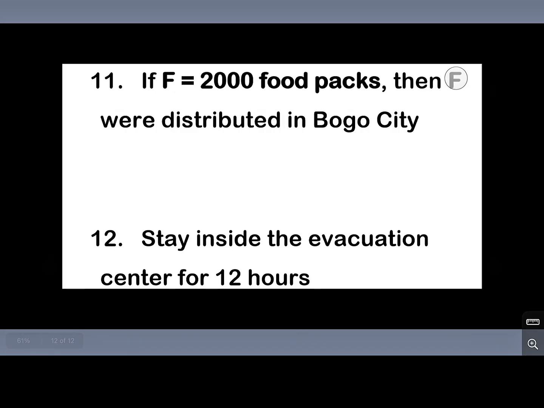Number 11. If F equals 2,000 food packs, then F were distributed in Bacolod City. We ask ourselves, is this true or false? If we can answer this one with true or false, then it will be classified again as a proposition. Number 12.